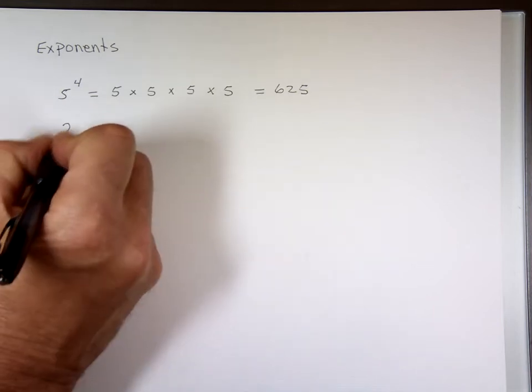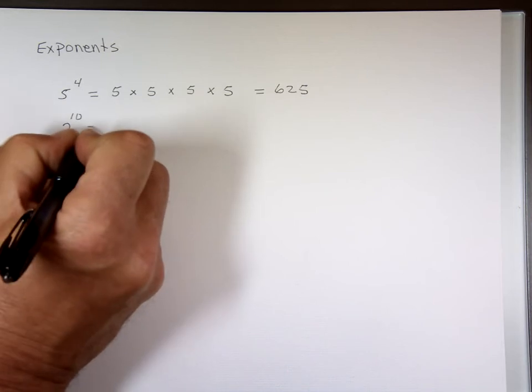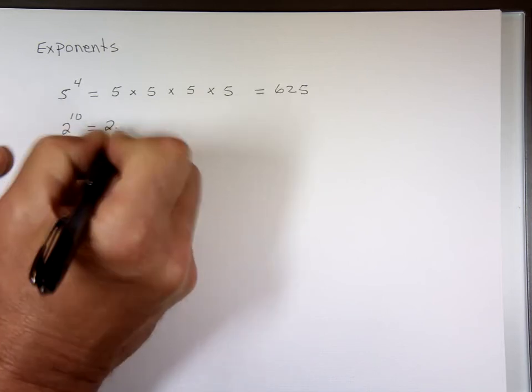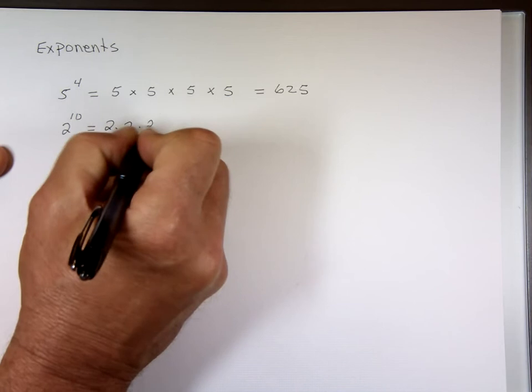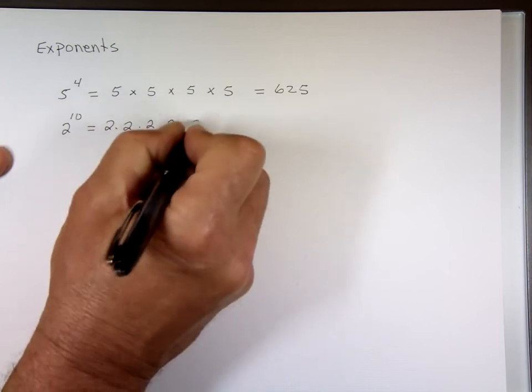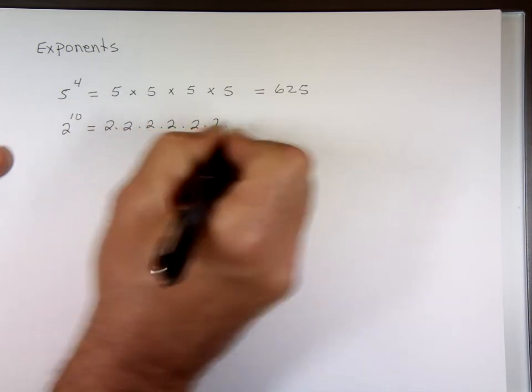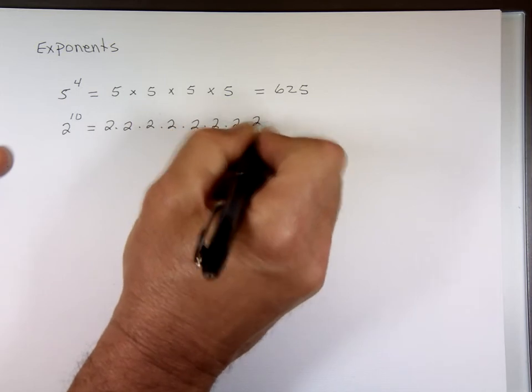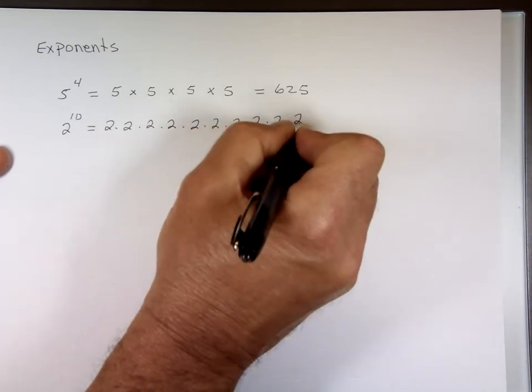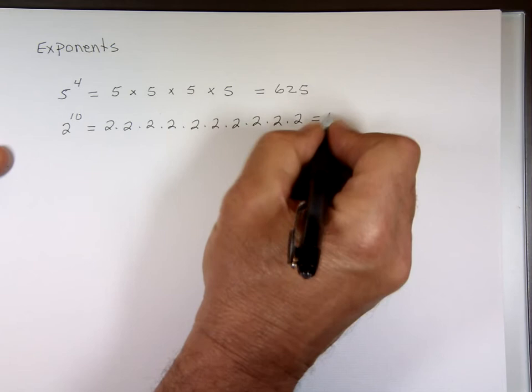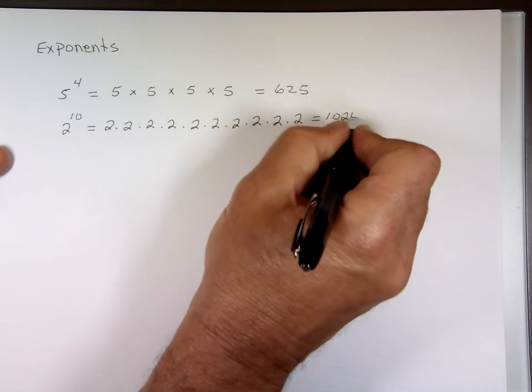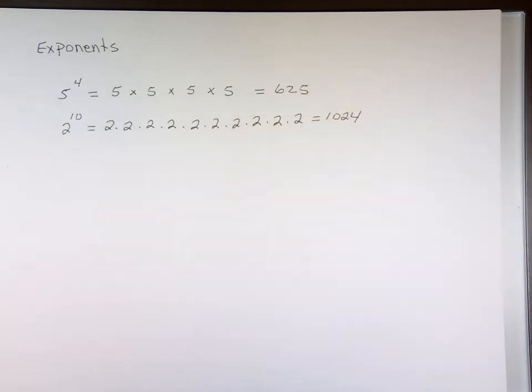When you see 2 to the power of 10, what does that mean? 2 times 2, how many times? 10 times. And if you multiply them out, that's 1,024, I think. I was multiplying correctly in my head there.